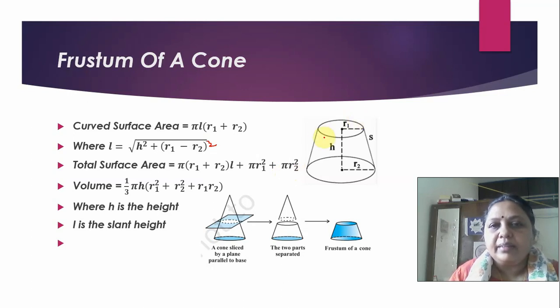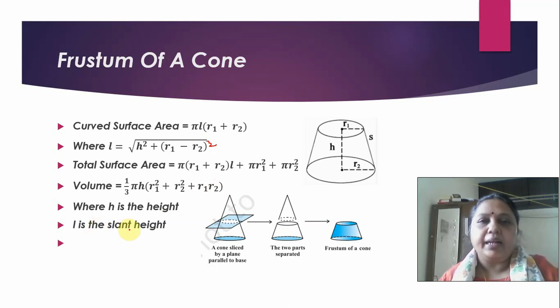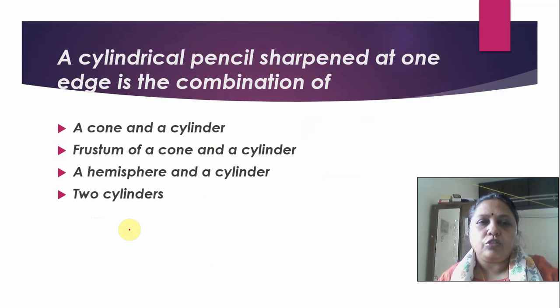That is the top circular region and the bottom circular region along with the curved surface area of the frustum. I hope you understood this. Volume of the frustum of a cone is 1 by 3 pi h into r1 squared plus r2 squared plus r1 into r2. Here h is the height and L is the slant height. I hope you all understood this.